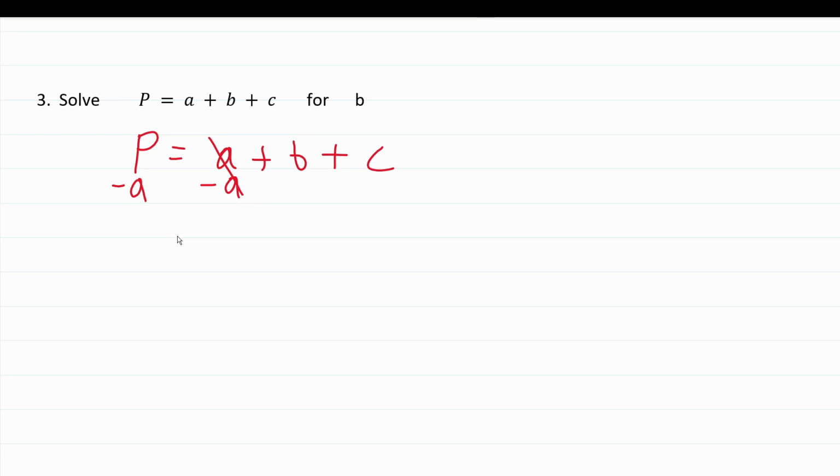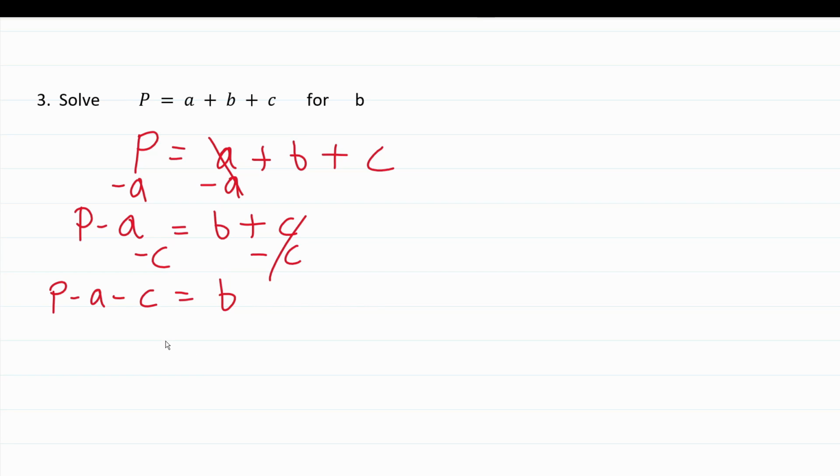This will cross out here, leaving you with b plus c over here, and this says P minus a. All right, finally, let's get rid of this c, and again, we're going to perform the opposite of addition, notably subtraction, in order to move it to the other side. This crosses out, leaving you with b equals P minus a minus c.